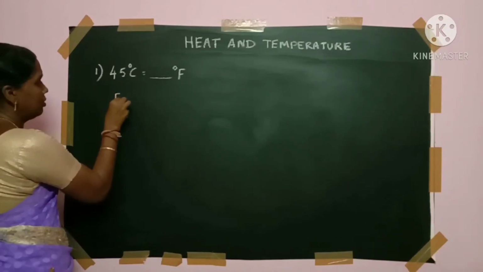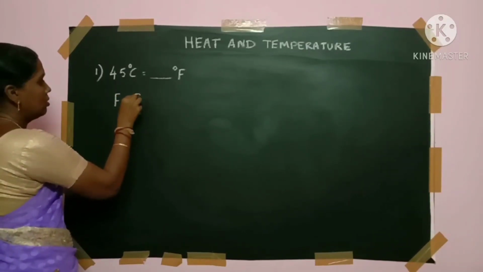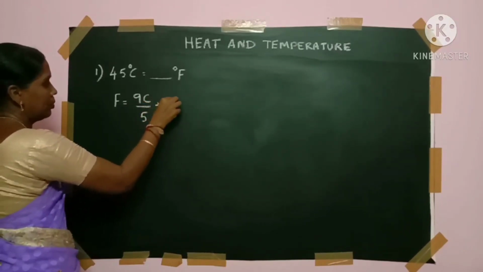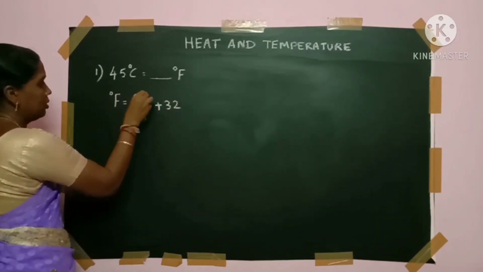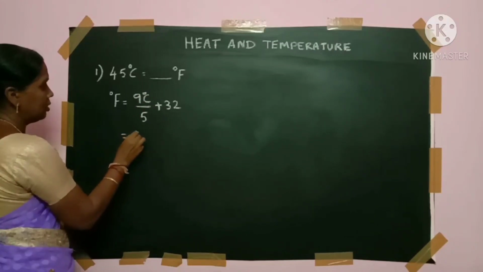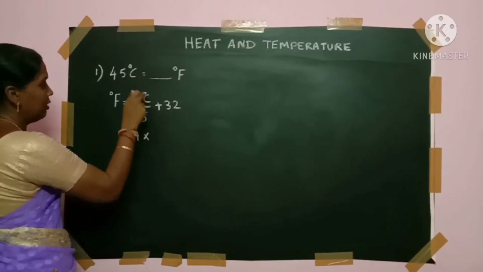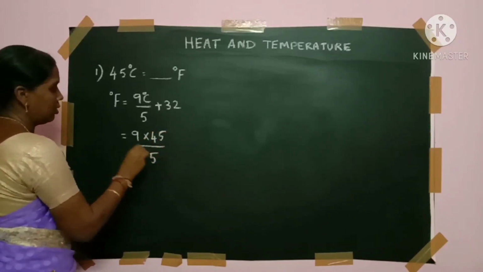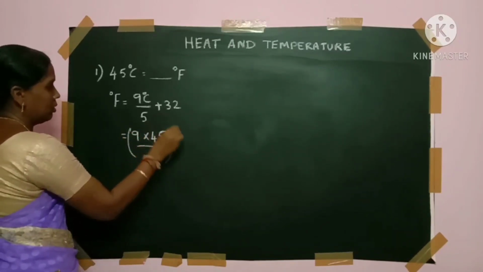F is equal to 9C by 5 plus 32. Okay. So we have to substitute 9 into C value, 45 degree, 45 by 5, plus 32.